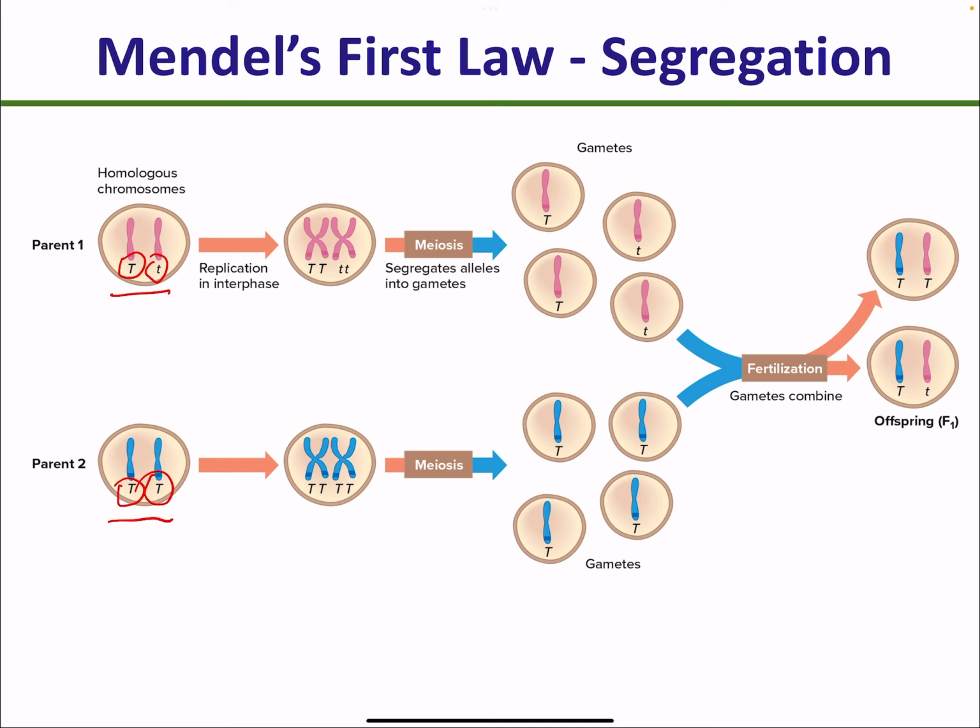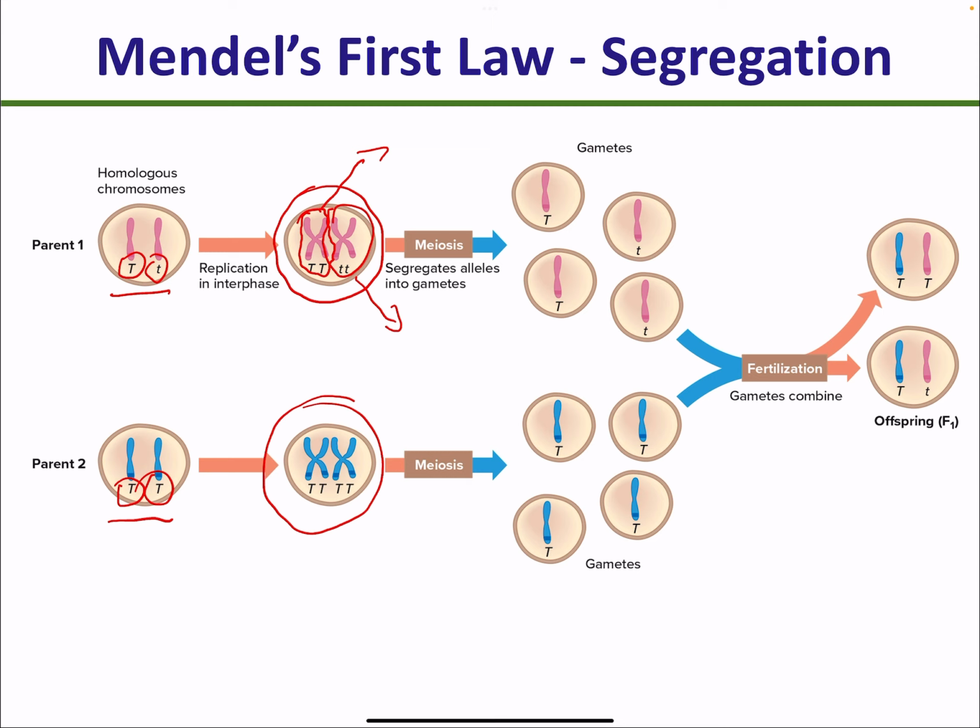Now, after DNA replication, the cells get to this stage, and after that, the cells are going to undergo meiosis. Notice that during meiosis, these chromosomes are going to end up in one cell, and this chromosome is going to end up in another cell. And then the sister chromatids are going to separate.